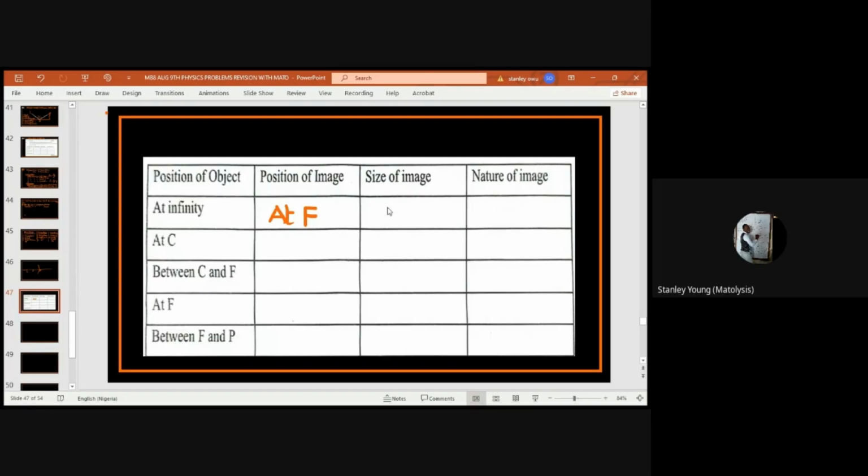The size of the image is most likely going to be diminished, since the object is at infinity. The nature of the image is going to be real, since it's going to be formed on the side of the observer.